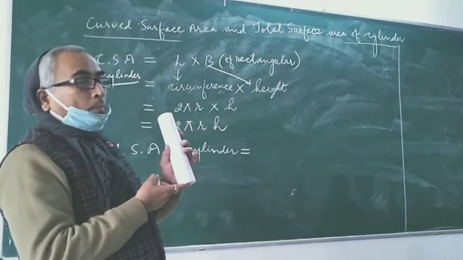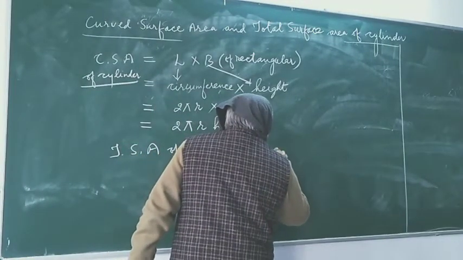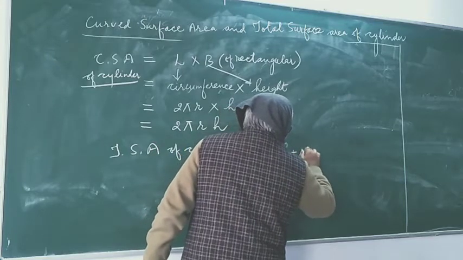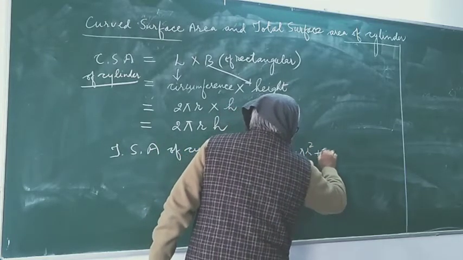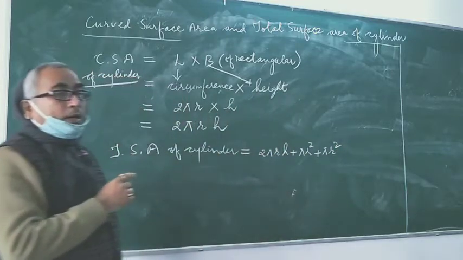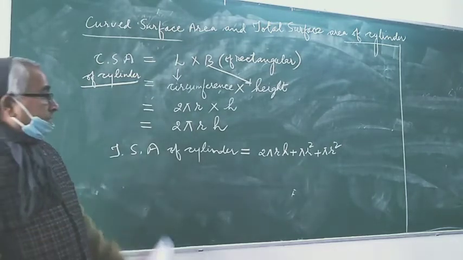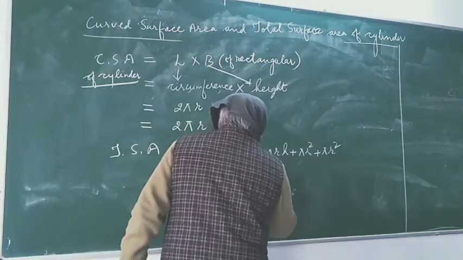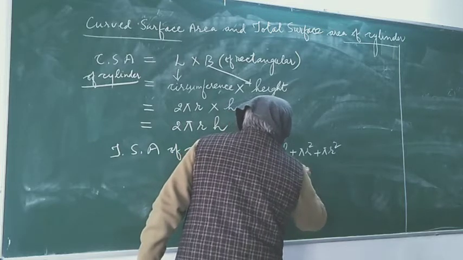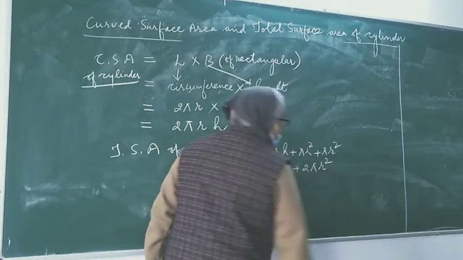So it will be 2 pi r h plus pi r square plus pi r square. Why 2 times pi r square? Top and bottom. One is top, second one is bottom. This can be simplified to 2 pi r h plus 2 pi r square.